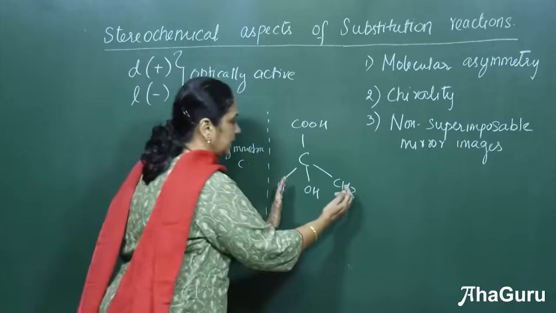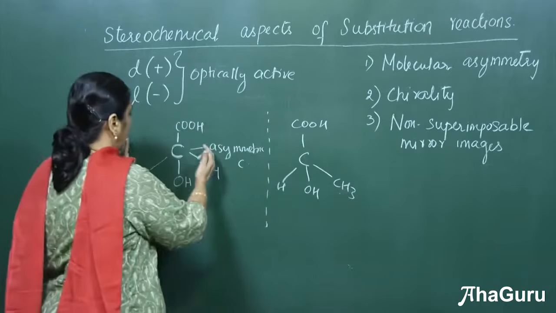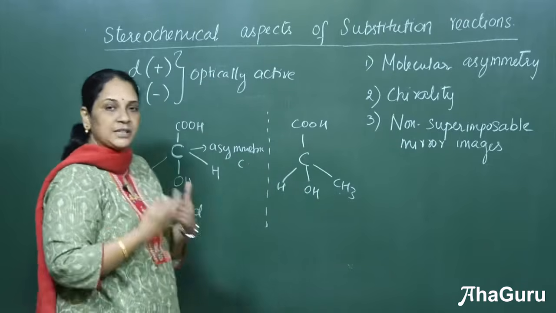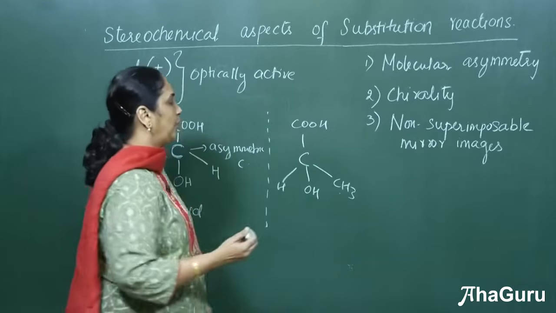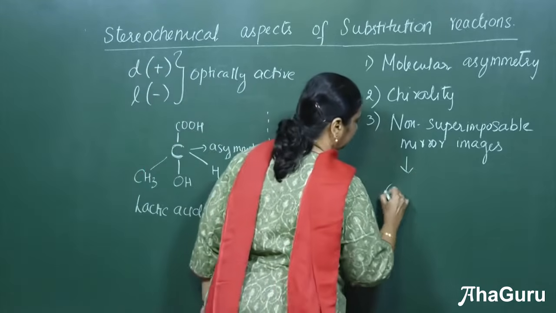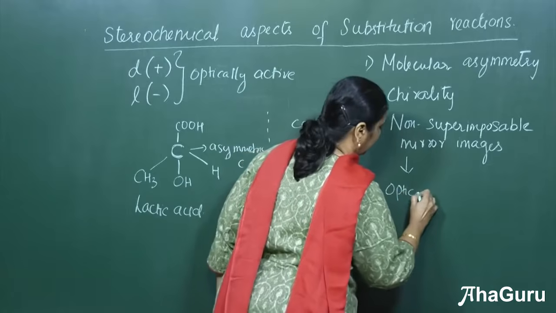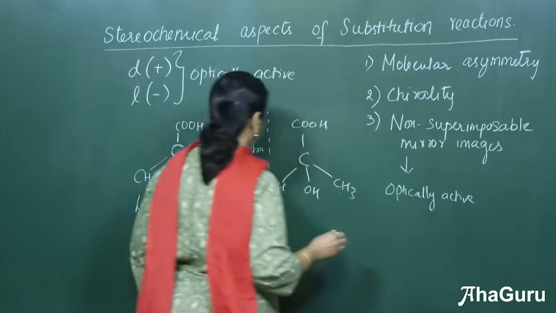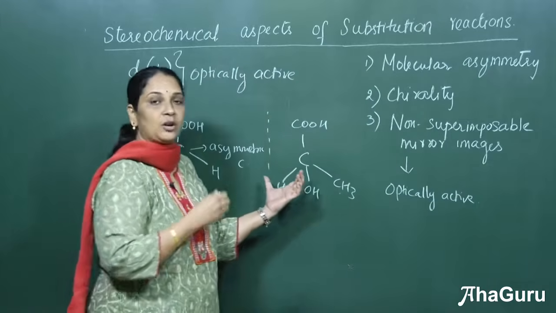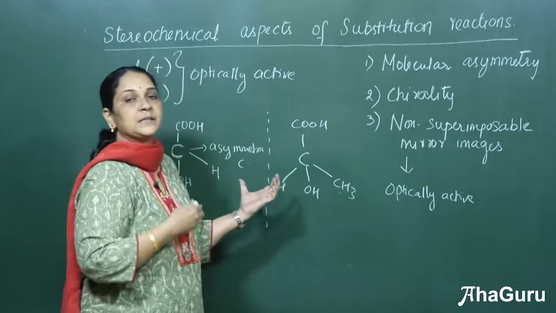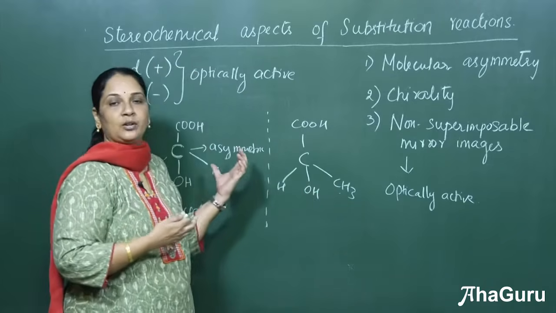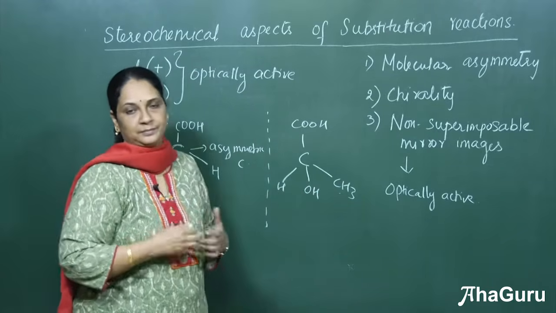Such compounds are optically active. This property is also called chirality, and the carbon or the compound is said to be chiral.